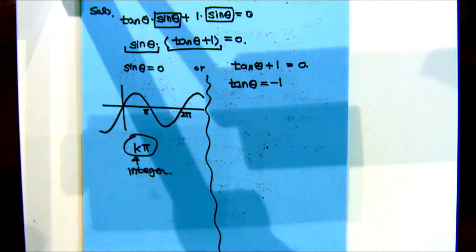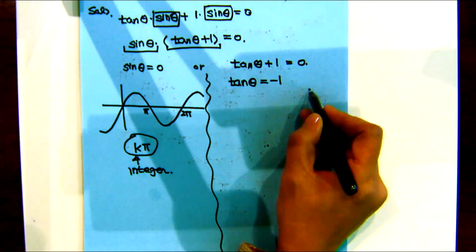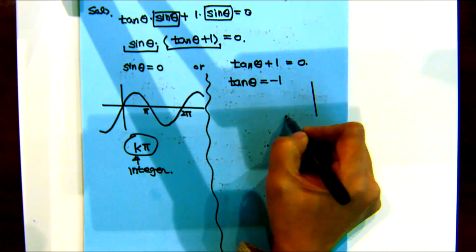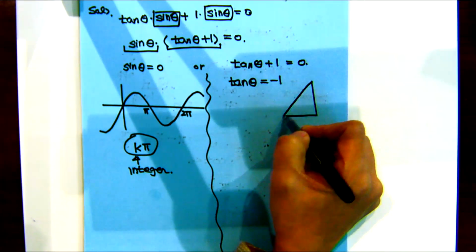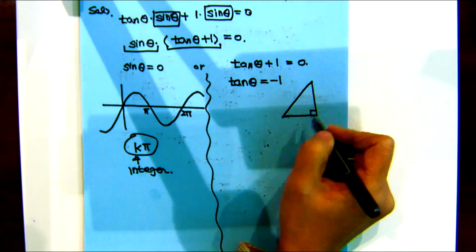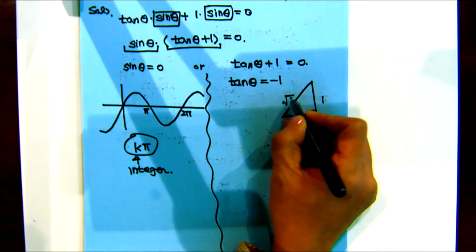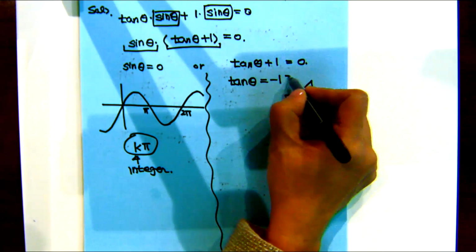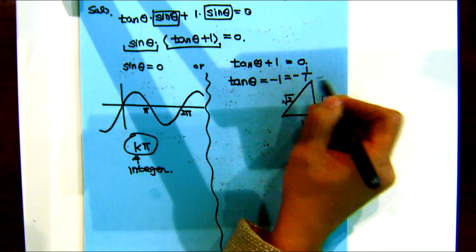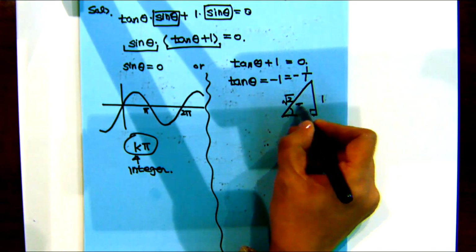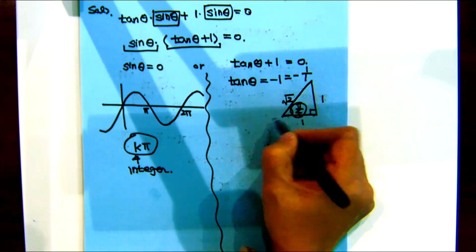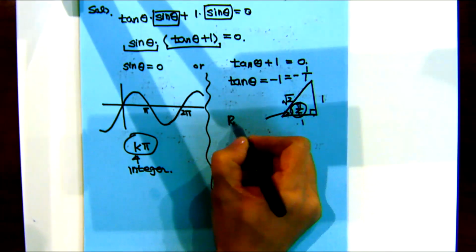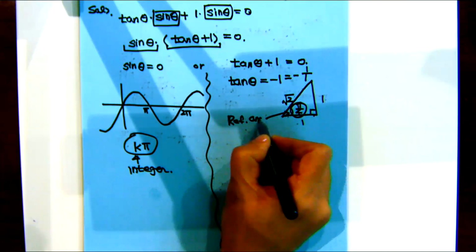Therefore, -1 is not minimum or maximum. So maybe we can relate that with a 45, 45, 90-degree triangle, because this can be rewritten as -1/1, right? And so pi over 4 is a reference angle.